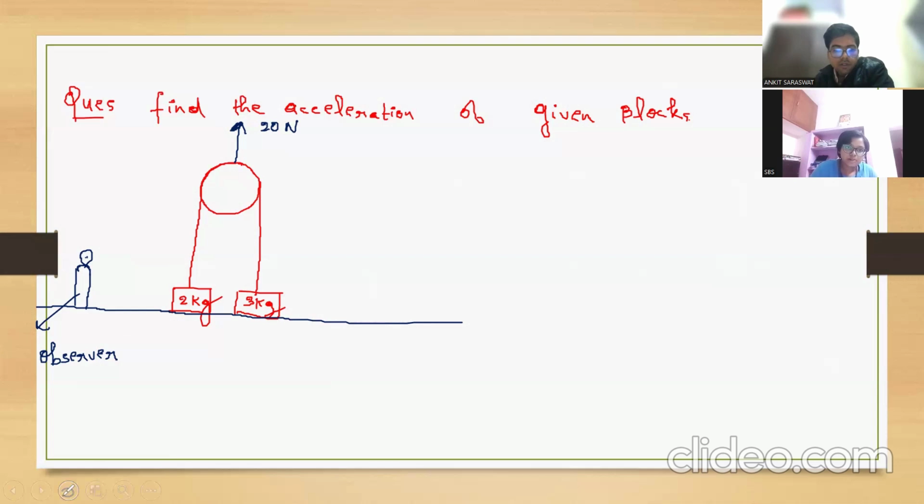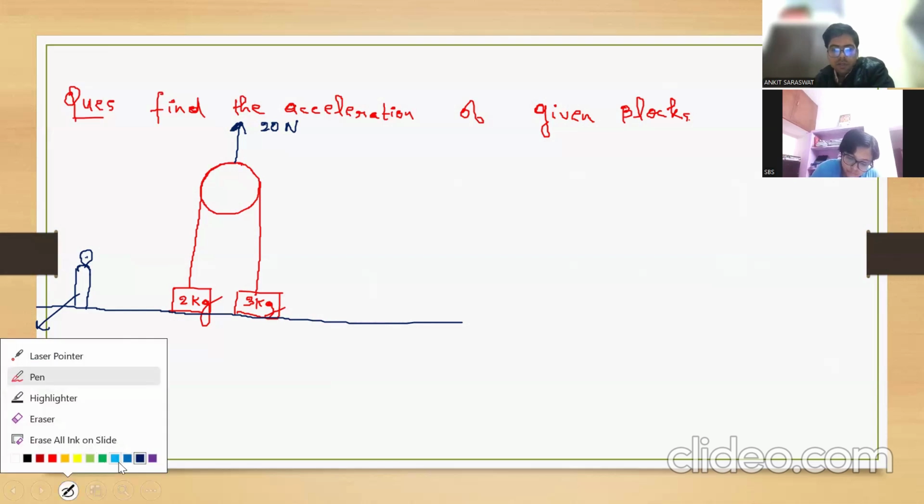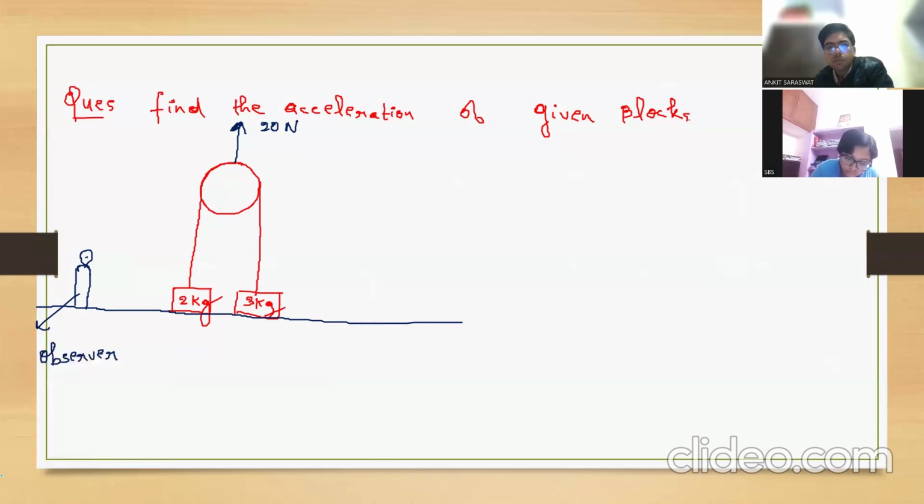Let us solve. First, let me solve, then whenever you are going to practice, this will help you. Okay. If you are applying 20 Newton here, and you draw the free body diagram of this pulley, then how will you draw it?